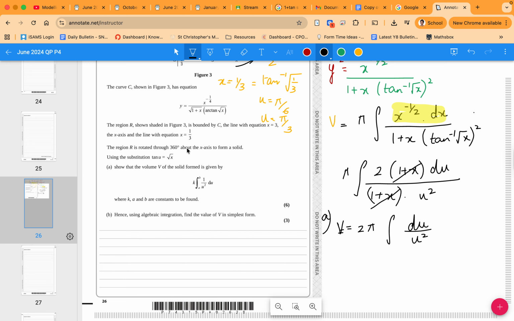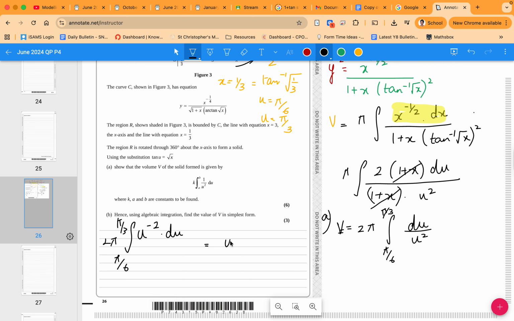We know our limits. We need to put limits here, so this is going to be from pi by 6 to pi by 3. Now you're going to integrate this, which becomes u to the power of negative 2 du. Again, you use the limits, and you can very easily find out what your volume would be. Please make sure you leave it in the form that is required. Do not change it into a decimal.